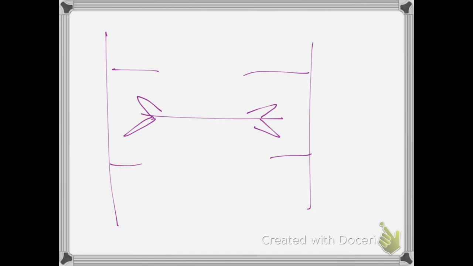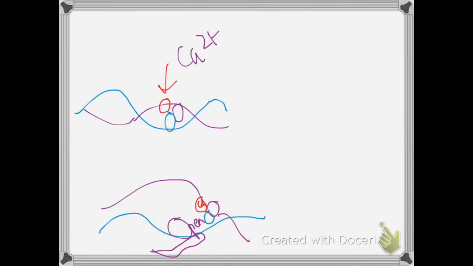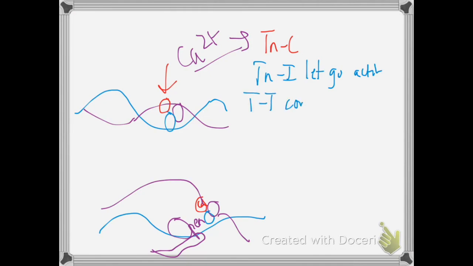We mentioned back in this slide that we have calcium coming in, binding to troponin C. When troponin C is bound to calcium, it causes troponin I to let go of actin, and this whole troponin-tropomyosin complex slides out, moves over, and exposes this myosin binding site.